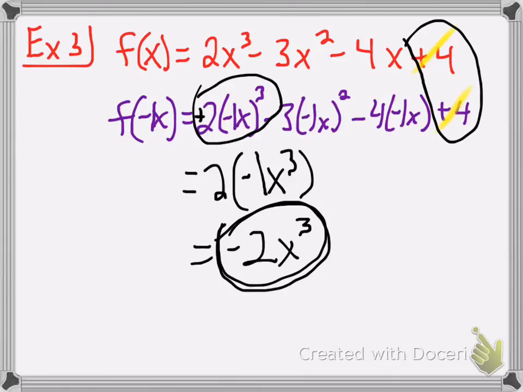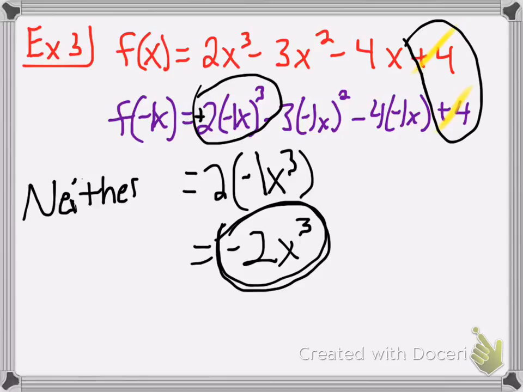Now, if you're indecisive, this function's indecisive. It doesn't know if it's positive or not positive. It doesn't know if it's even or odd. Well, the best thing to say is it's neither. It's like, which way do I go?